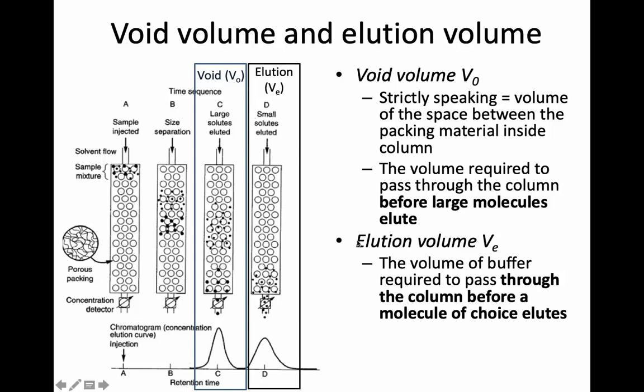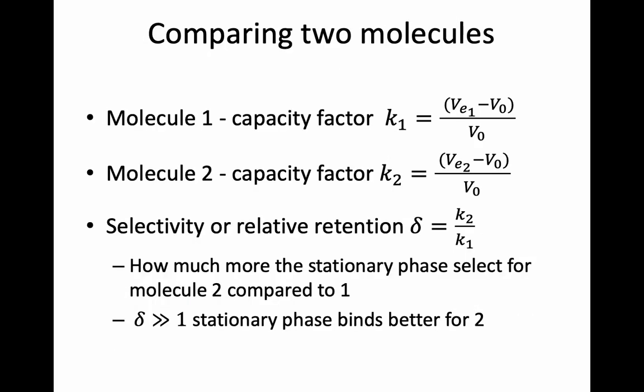The other parameter is called elution volume. It is the volume of your buffer that is required to pass before I see a certain molecule being eluted, right? So if we calculate the elution volume for molecule 1, and we know the void volume, we can calculate the capacity factor K1, which is the ability of your stationary phase to retain molecule 1, as the difference between VE1 and V0 normalized by V0.